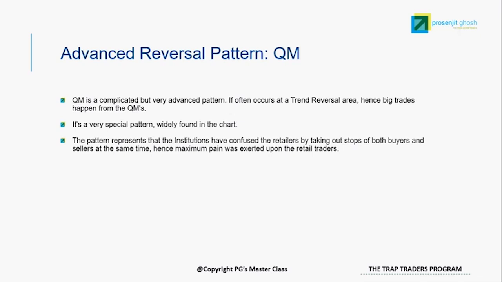Now, till now, friends, what we have discussed in our previous sessions, in our trap trading sessions, trap zone sessions, we have discussed patterns where we are having engulfs in one direction.